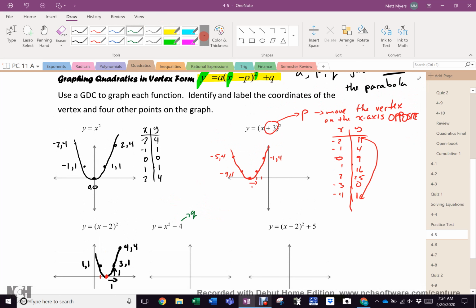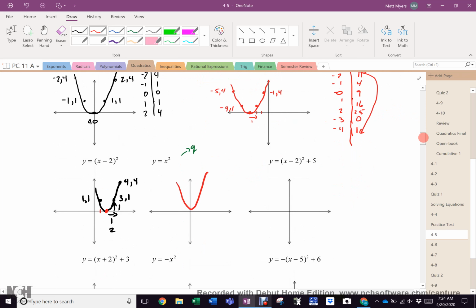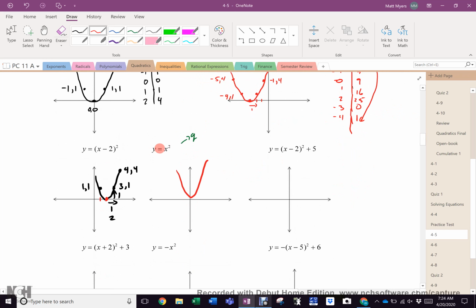If Q's not there, how do I graph that? It goes right through here, doesn't it? So, 0, 0, right? 0 squared is 0, so I've got a vertex at 0. But Q is there. So 0 squared is 0 minus 4. It's down here.